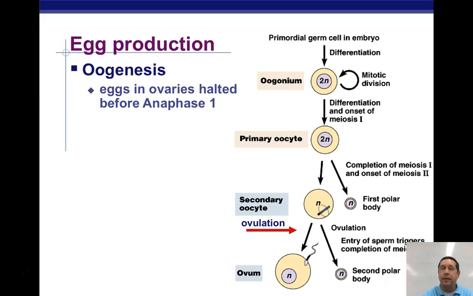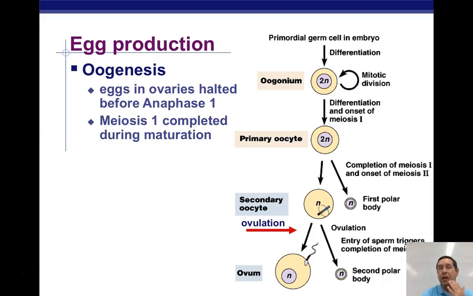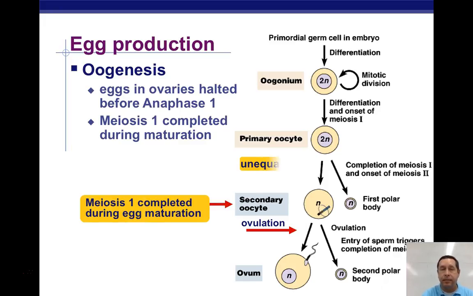Most of the eggs in a woman's body are going to go through most of meiosis 1 before they're born, and it's going to stop until puberty. Once puberty is reached, one cell a month basically is going to finish meiosis. One of the differences between sperm and egg production besides timing is that it's an unequal division. Most of the material goes into the egg, and then you have these polar bodies that are produced.